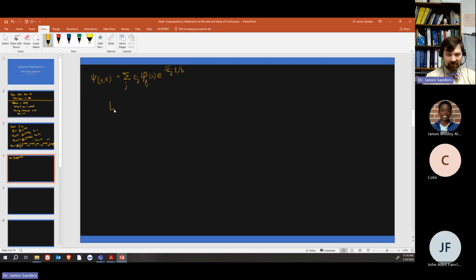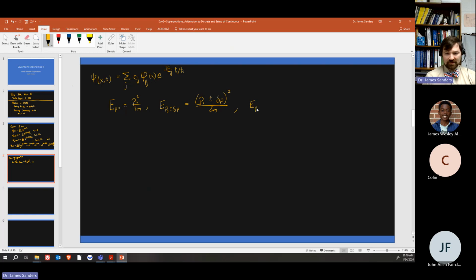Energies being as follows. So E of p naught would just be p naught squared over 2m. E of p naught plus or minus delta p becomes (p naught plus or minus delta p) squared over 2m.